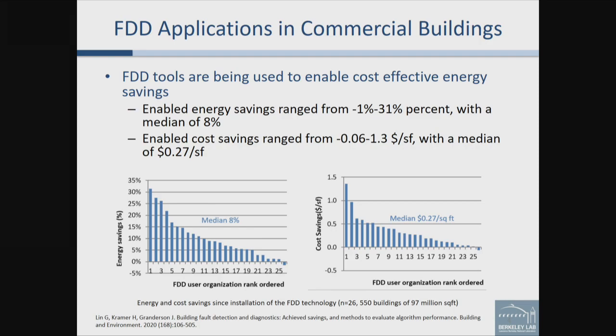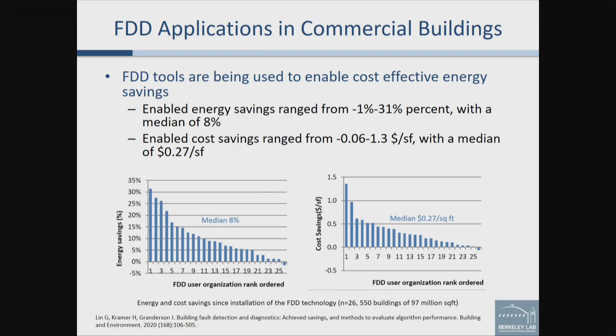We launched a project called the Smart Energy Analytics Campaign 3 years ago, a project to document and encourage building owners to adopt this kind of analytics tool.